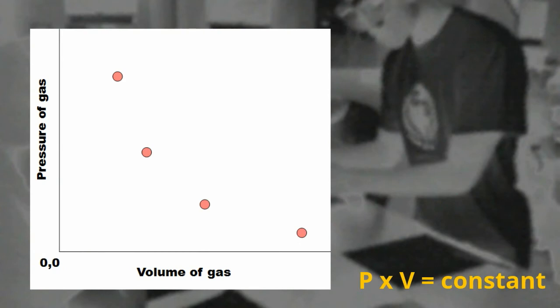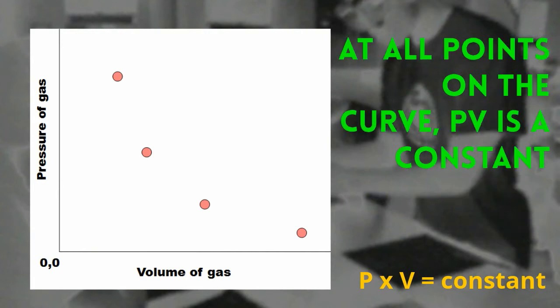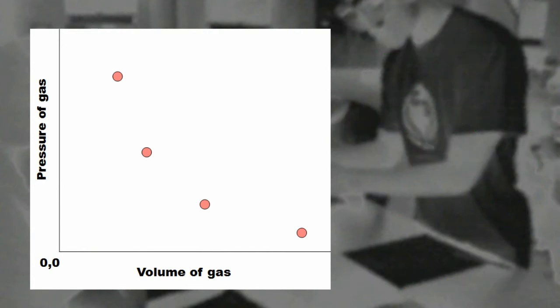To solve problems with this powerful law, we need to do a little simple math. At any point on the pressure-volume curve, P times V is a constant.